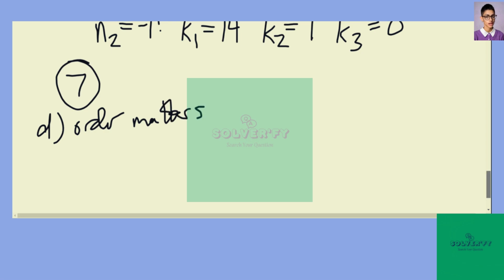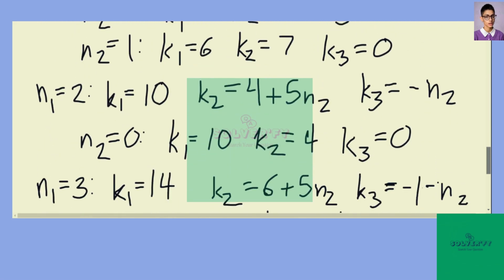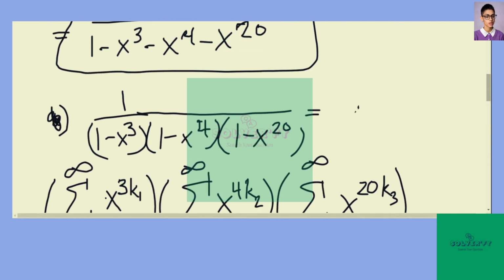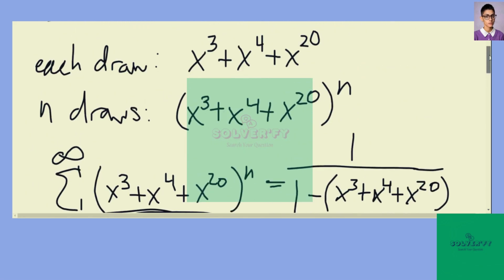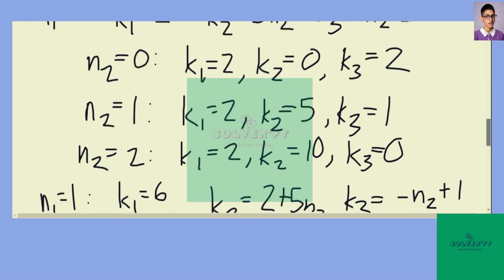And so using our answer from part B, we have that our generating function is 1 over 1 minus x cubed minus x to the 4th minus x to the 20th.